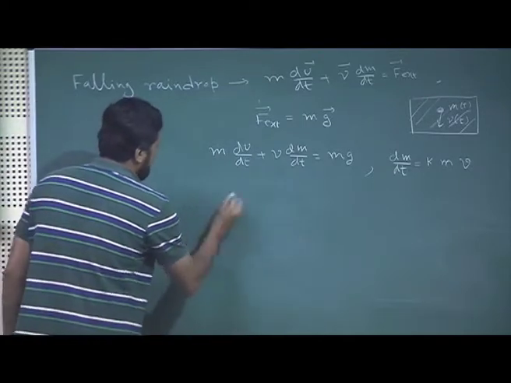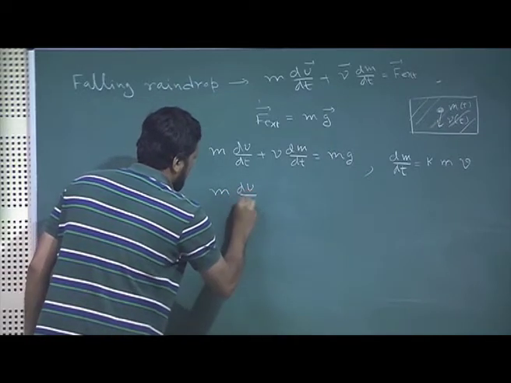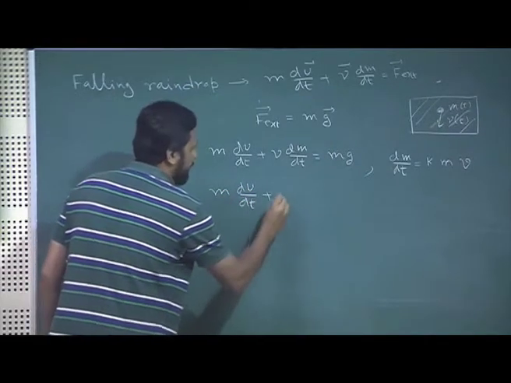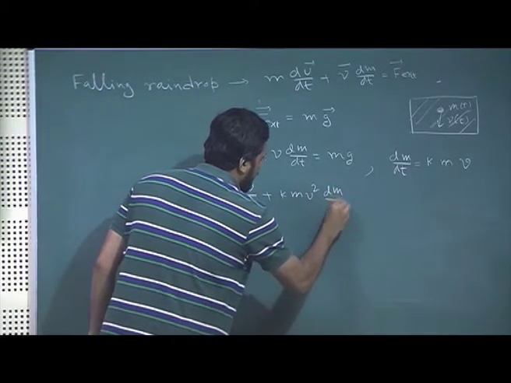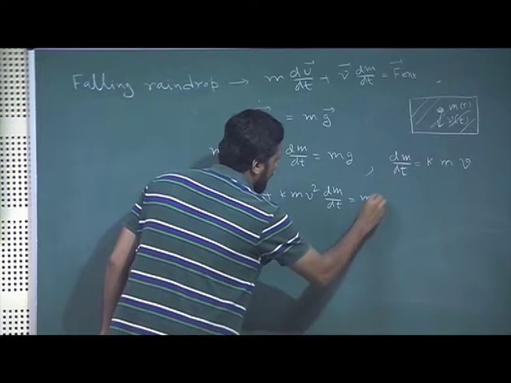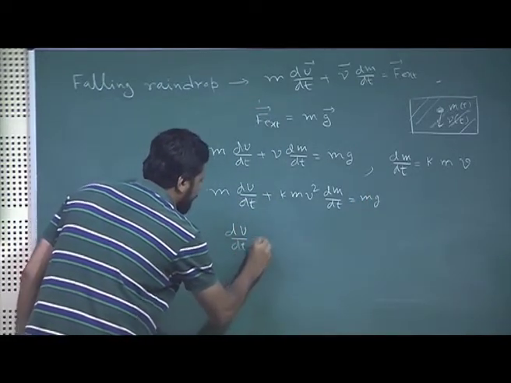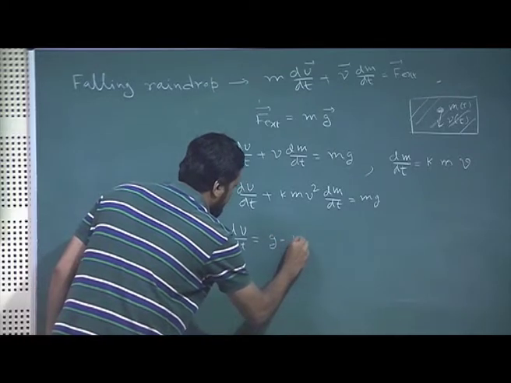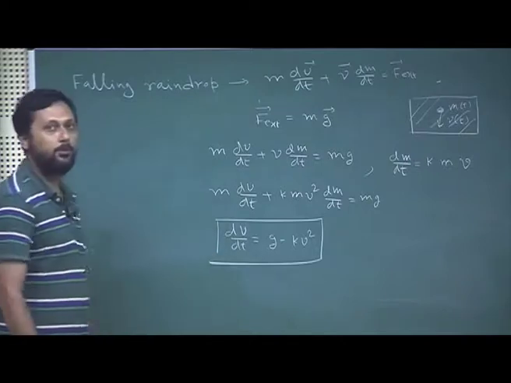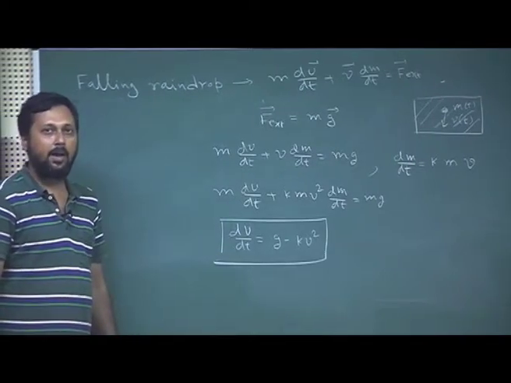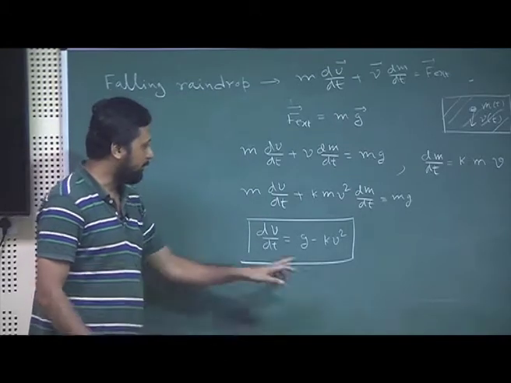So, if we plug this in, we have m dv/dt plus k m v squared equal to mg. Simplifying, we have dv/dt equal to g minus k v squared. So, this is the equation of motion we are looking for, and the second part is to get the terminal velocity.